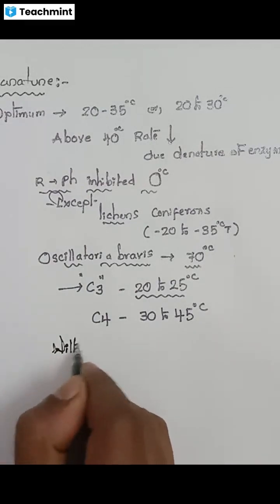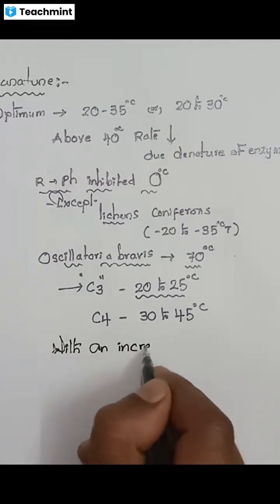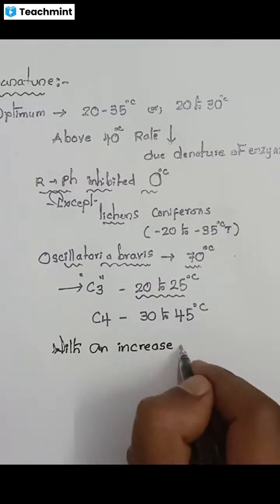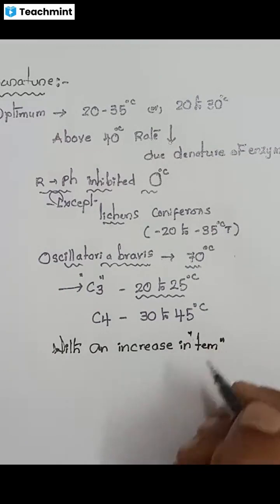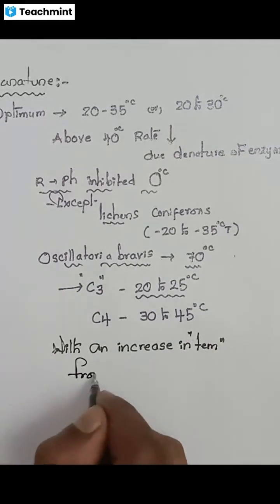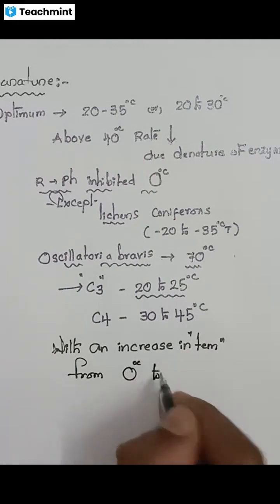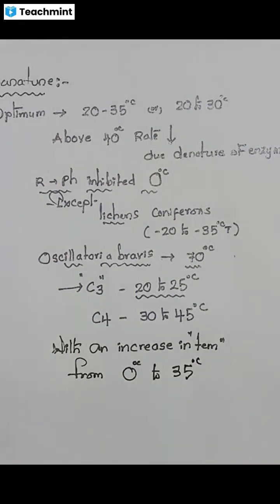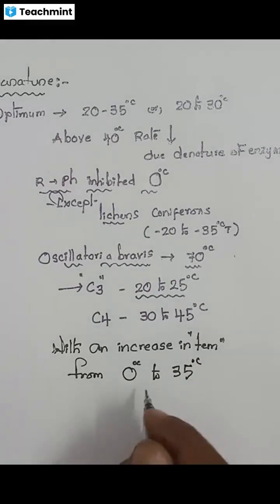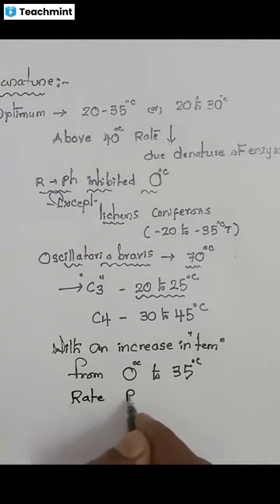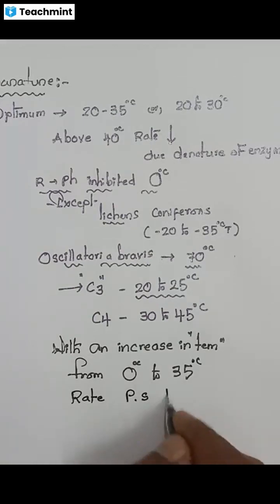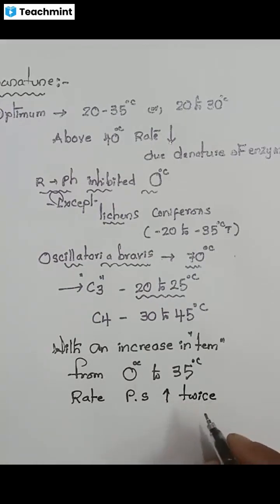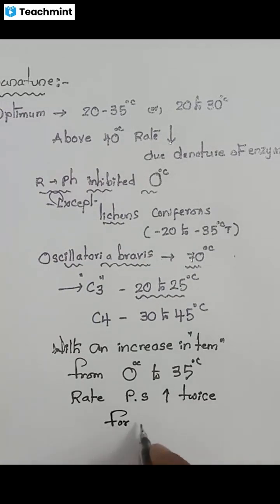With an increase in temperature from 0 degrees to 35 degrees, the rate of photosynthesis increases twice for every rise of 10 degrees. So clear.